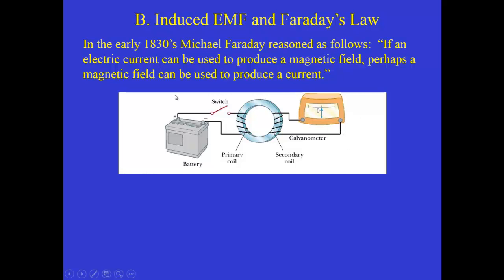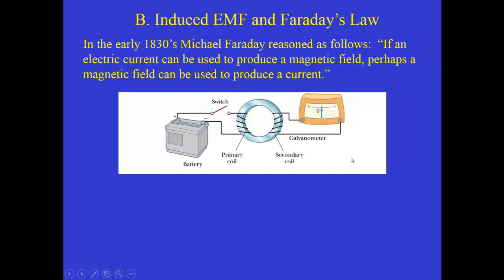His thought was, maybe when I pass current through the primary circuit on the left using the battery, the magnetic field that's produced inside those loops of wire, and since iron is ferromagnetic, it conducts the magnetic field over to the secondary loop, maybe the magnetic field that I'm producing in the secondary coil will produce a current.